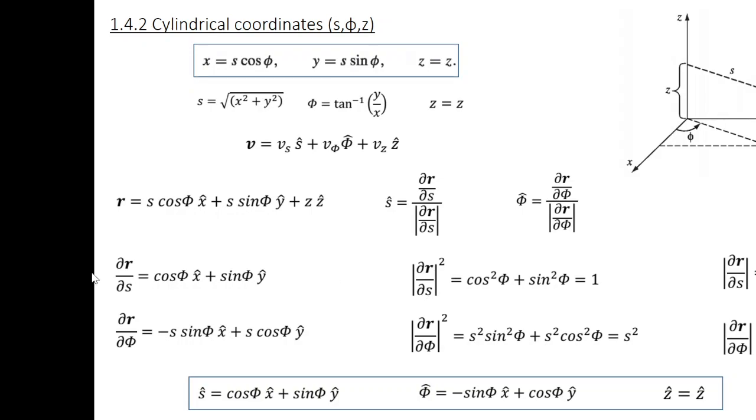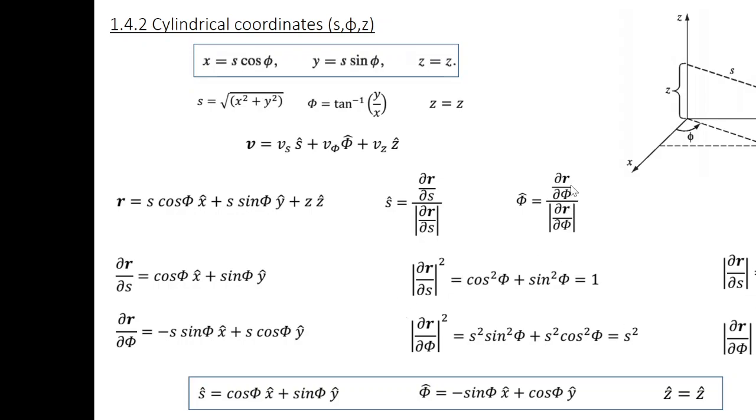This is nothing but dou r by dou s dot dou r by dou s. Take the dot product of this term with itself. Okay, you know how to do this. Just take the product of similar terms. So I have cos square phi plus sin square phi. This is equal to 1. So consequently, modulus of dou r by dou s equal to 1.